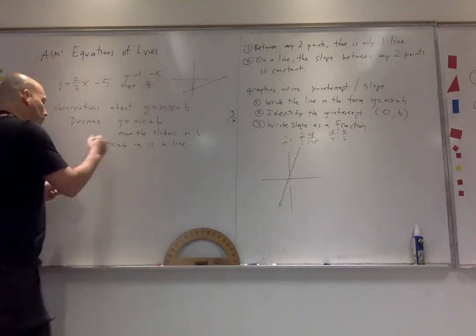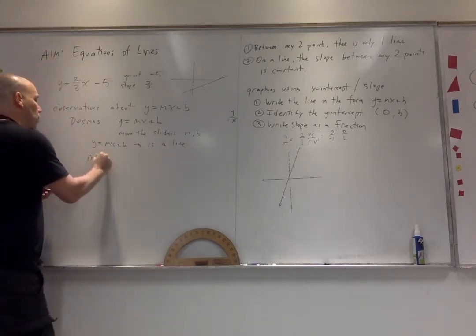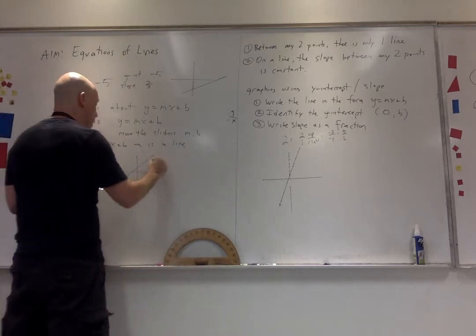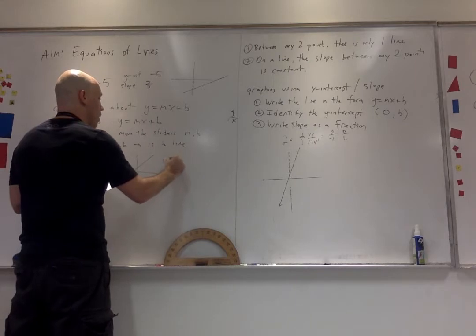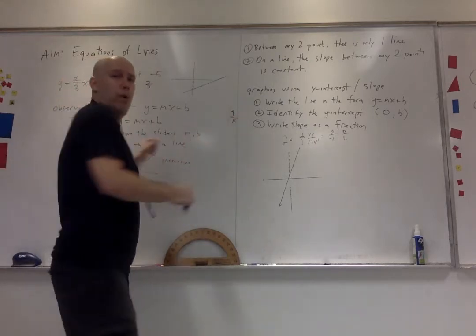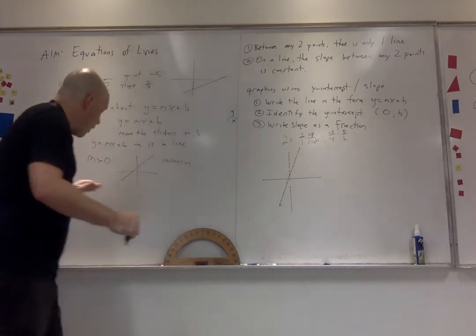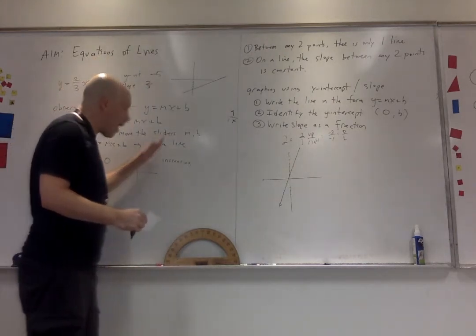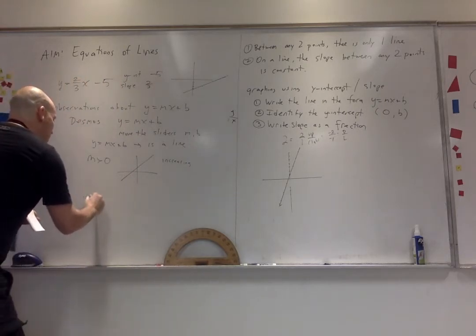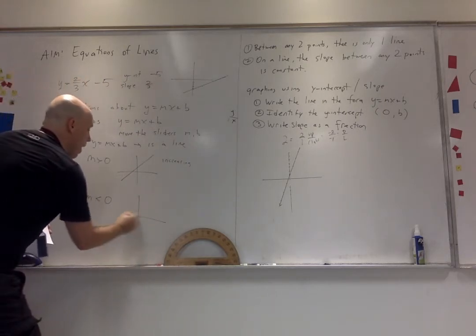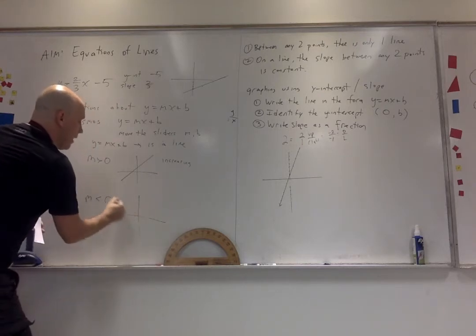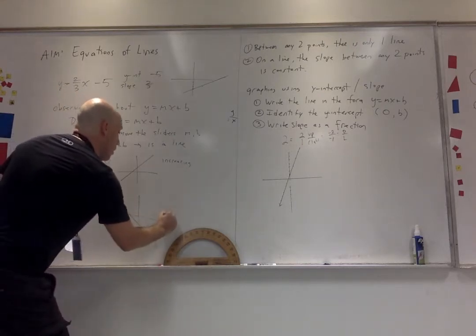If m is greater than 0, then the line is going up, it's increasing. Remember I told you to look at graphs moving from left to right. As you move from left to right, you go, oh, this is going up, like walking up a hill, it's increasing. If m is less than 0, then our line is decreasing.